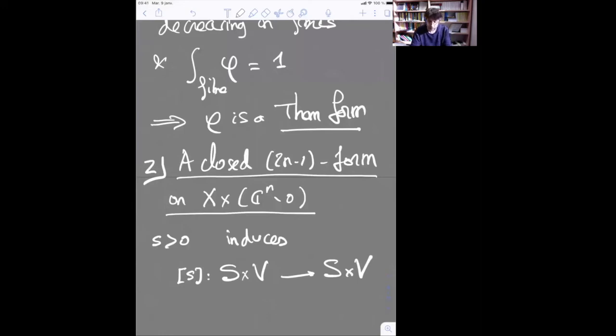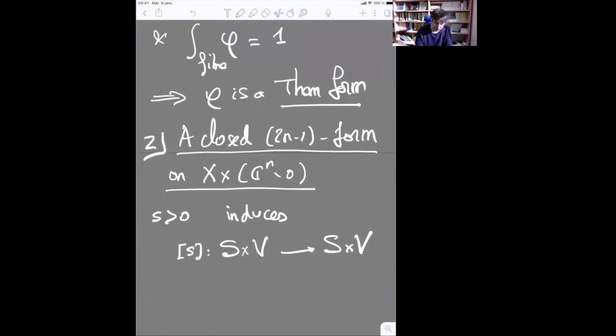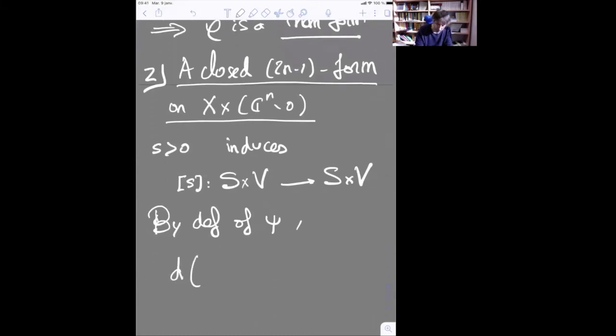And by definition of psi, we have that if you take the differential of the pullback of psi by this multiplication map, so psi is a differential form on X cross V, you can pull it back by the multiplication by s in the fibers, then because psi was obtained by iota of the radial vector field applied to phi, it is equal to s times d over ds of the pullback by s of phi.